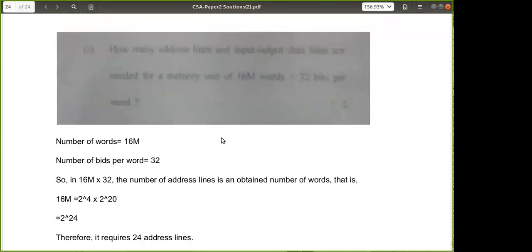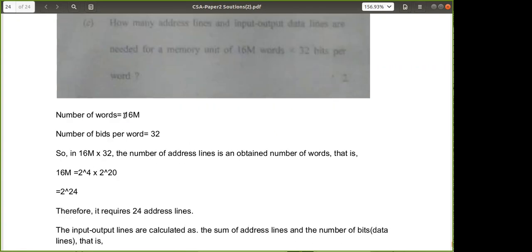How many address lines and input output data lines are needed for a memory unit of 16 M words with 32 bits per word? Here the number of words is 16 M and the number of bits per word is 32. For the address lines, we take the number of words, that is 16 M, so 2 to the power 4 into 2 to the power 20 equals 2 to the power 24.